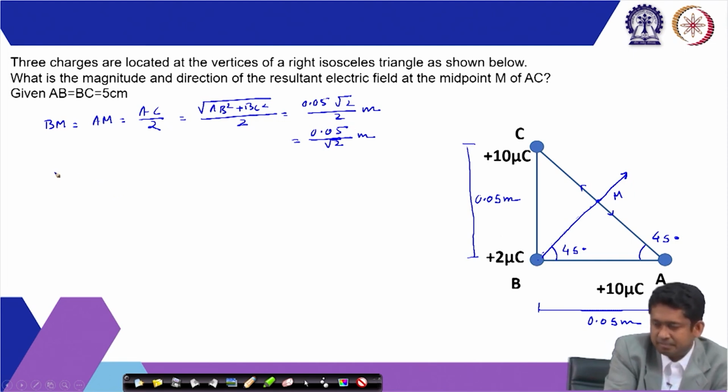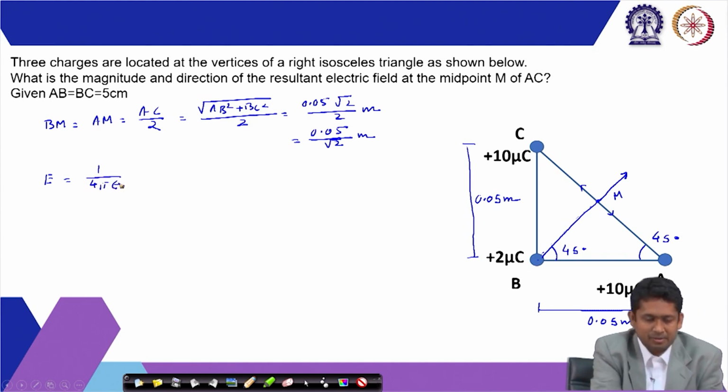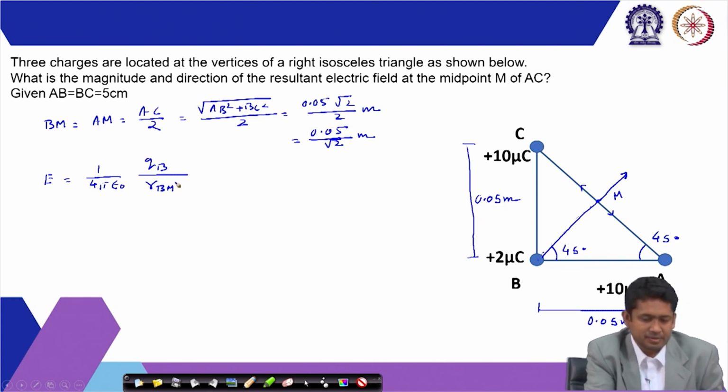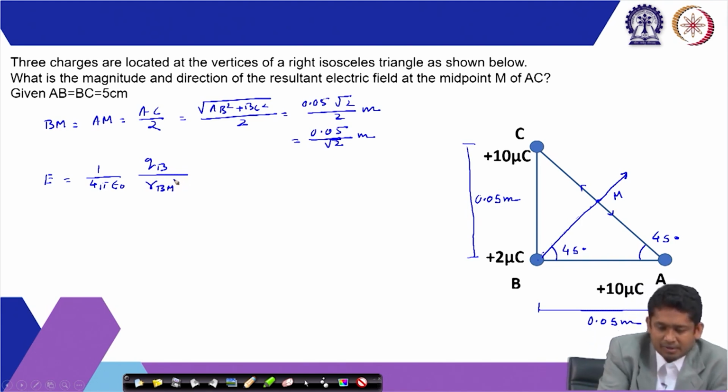So, the electric field E is equal to 1 by 4 pi epsilon 0 multiplied by QB, the charge at B, divided by RBM.